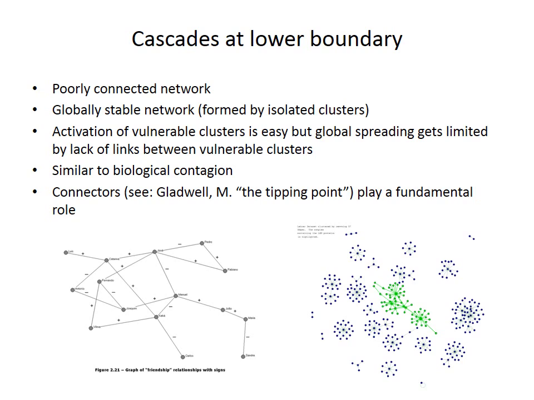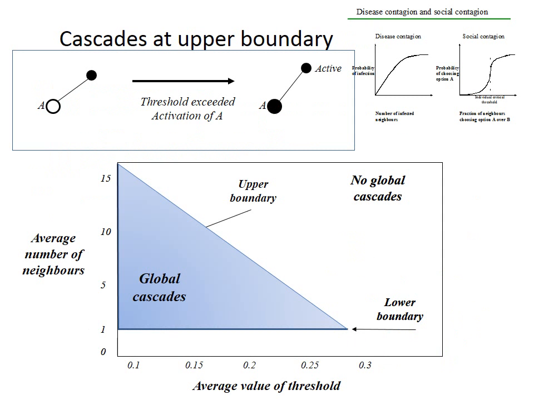What happens instead if we examine cascades at the upper boundary? Now, cascades at the upper boundary are cascades in which the number of friends matters. And remember, the more friends you have, the less you pay attention to any single one of them, assuming, of course, an average view.